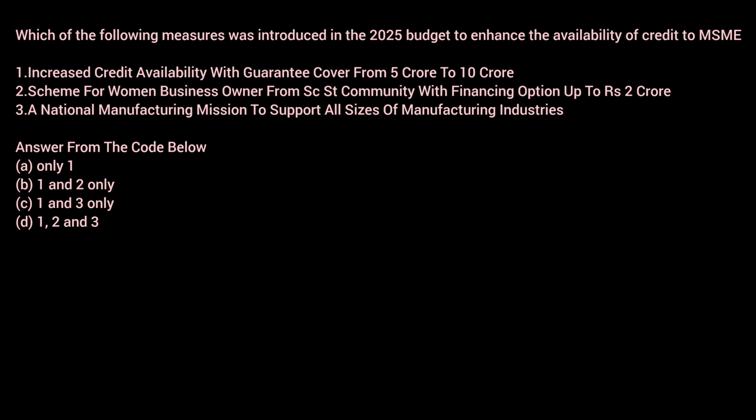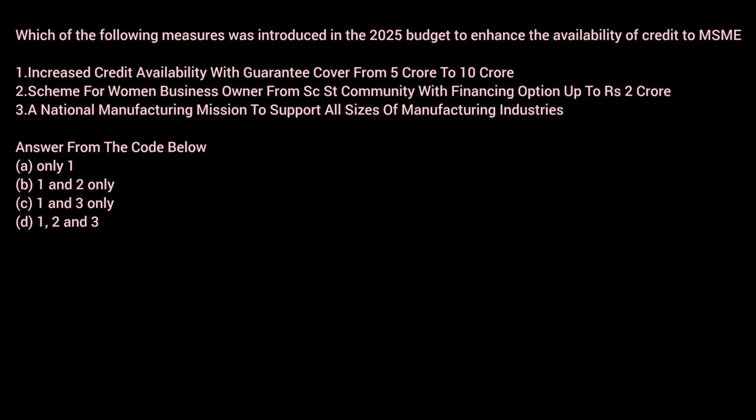Which of the following measures was introduced in the 2025 budget to enhance the availability of credit to MSME? 1. Increased credit availability with guarantee cover from 5 crore to 10 crore. 2. Scheme for women business owners from SC/ST community with financing option up to rupees 2 crore. 3.